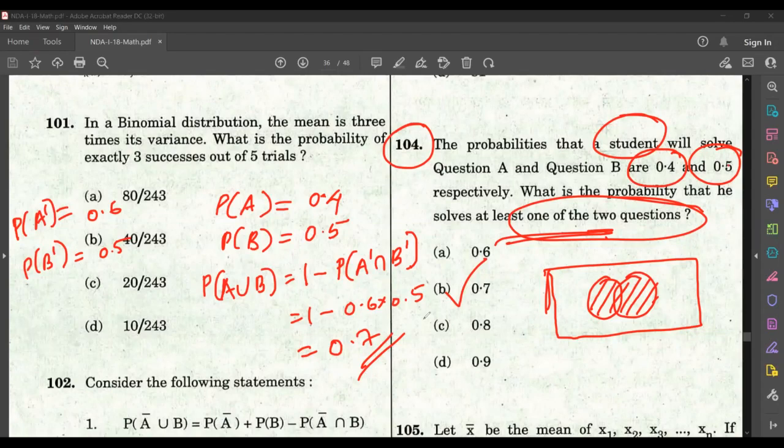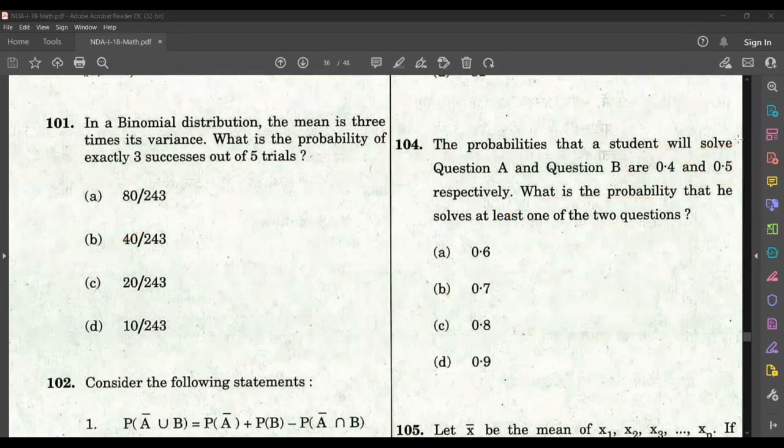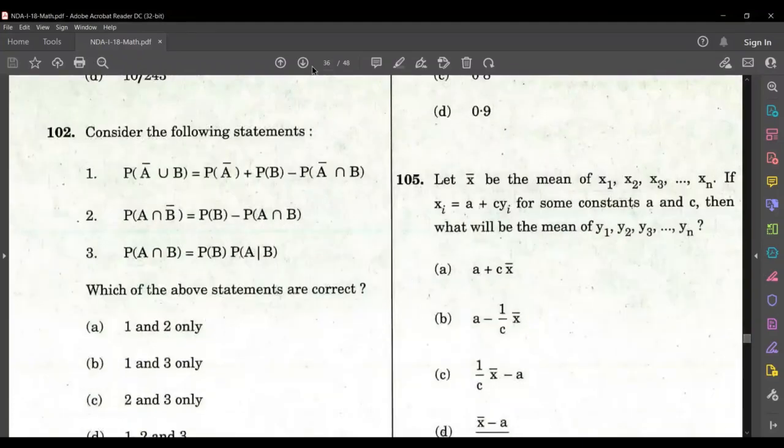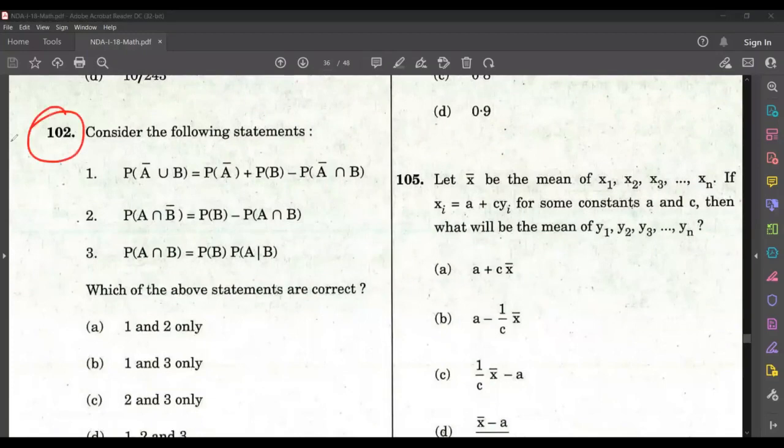So moving to the next question. Question number 102. Consider the following statements. I want all of you to read these three statements and choose which of the following is correct, whether 1, 2, 3 or what all things are correct here.